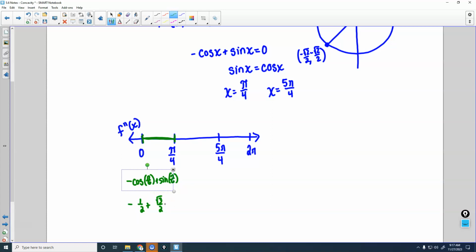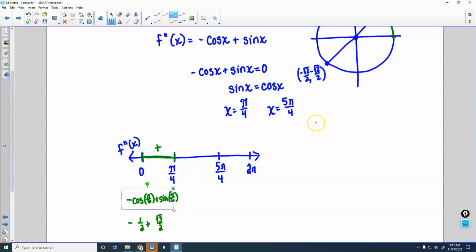We don't care about what that is, we just care about whether it's positive or negative. It is going to be positive. Square root of 3 over 2 is bigger than negative 1 over 2 because square root of 3 is bigger than 1. Square root of 3 is not quite square root of 4, which would be 2, but it's bigger than square root of 1, which would be 1. So we get a positive here.